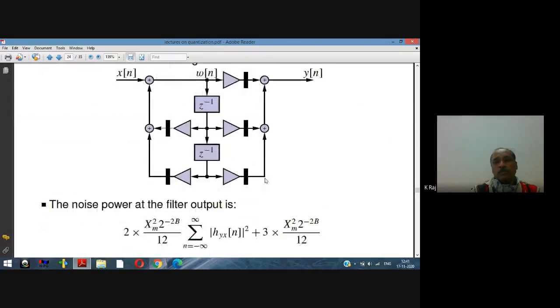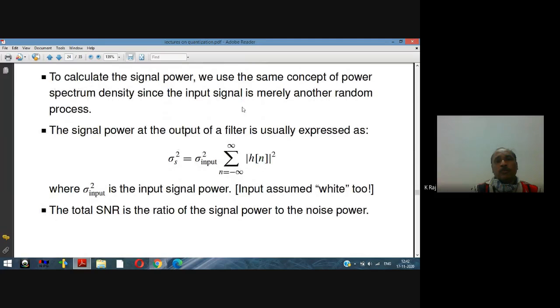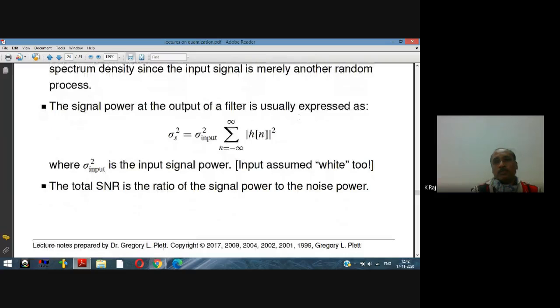Now see this example: the noise power at the filter's output is 2 times Xm² · 2^(−2b)/12, that is δ²/12, times the summation from minus infinity to plus infinity of h[n]², plus 3 more stages having 3δ²/12. The signal power at the output of a filter is usually expressed in this form: the signal input error multiplied by h[n]².